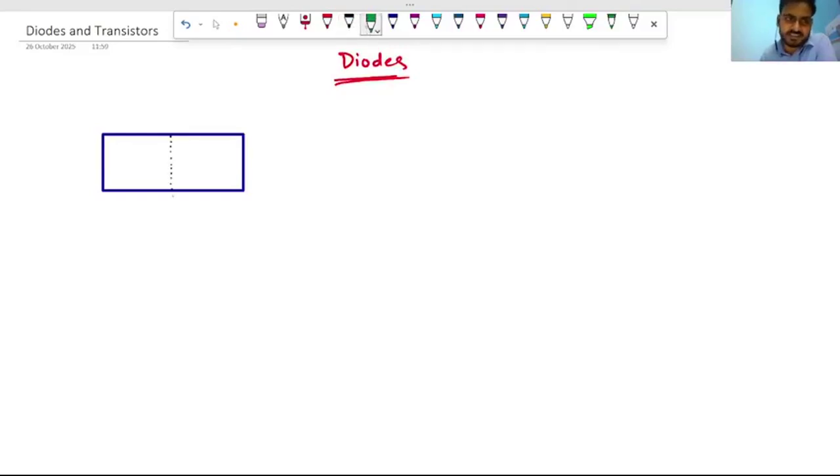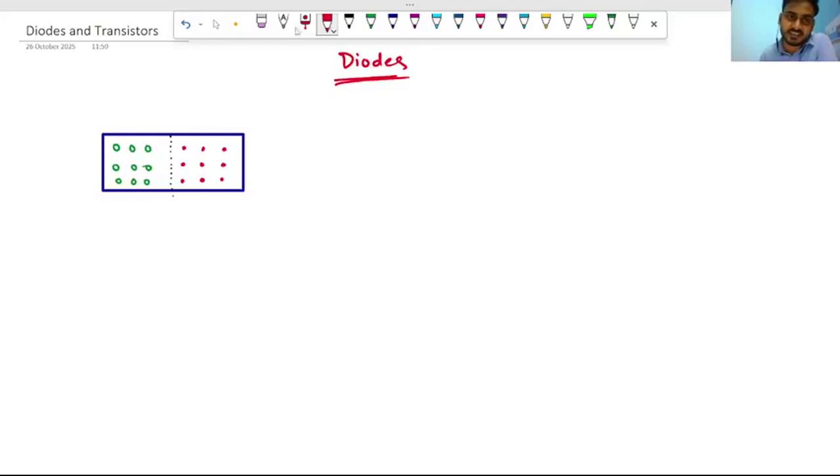One segment is doped with majority carrier holes, and on the other side it is not doped. First we take N type and dope a P type impurity in one side, then by doping we get a structure like this.